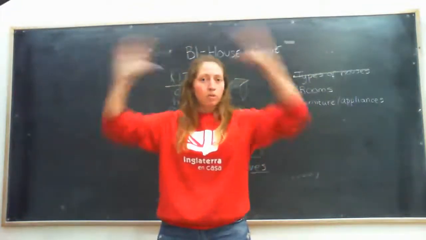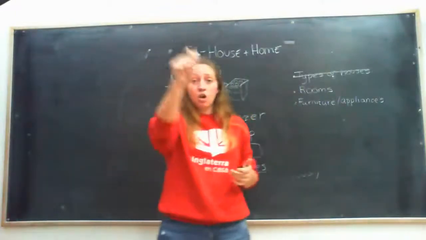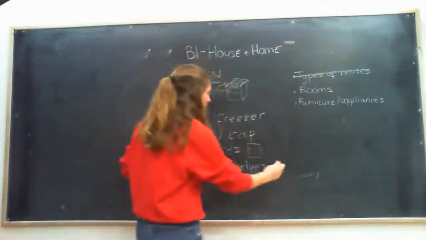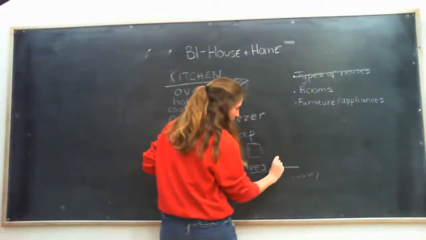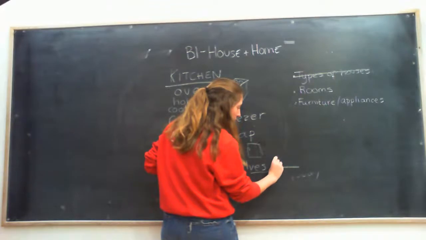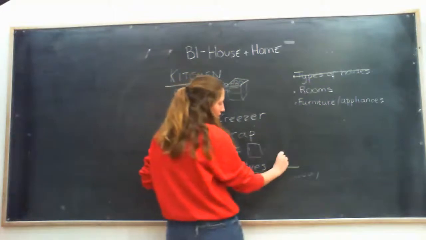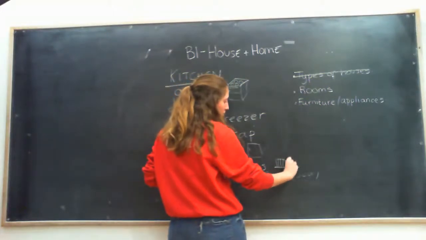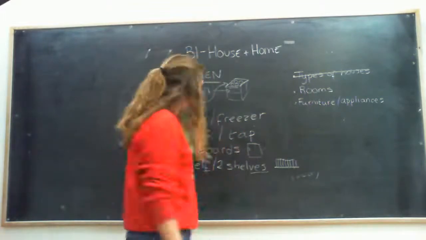So it's open, it's not closed. You might keep books on a shelf, for example, or my boxes of cereal. It's typically used for books, not in the kitchen, but you might have recipe books on a shelf.